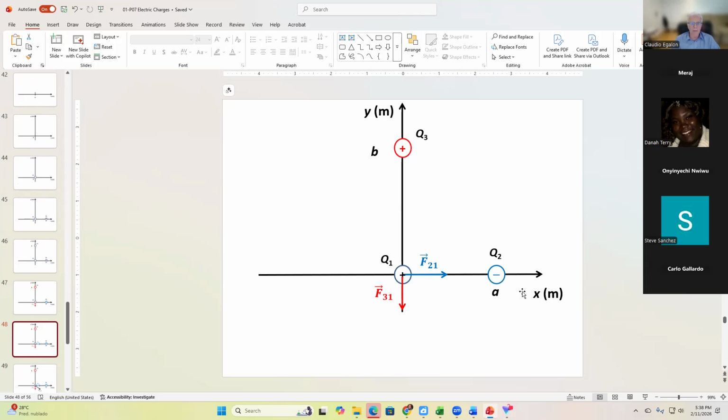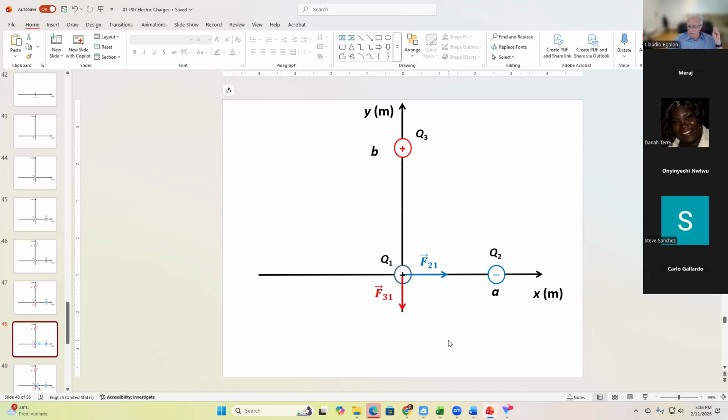All those charges are at rest, fixed in place. So imagine that I got a nail and bang, put them at rest there at that specific spot. They are not moving. Even though they are fixed, they still have those electric forces acting on their surroundings.